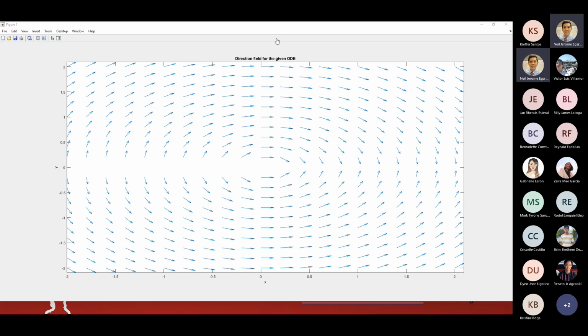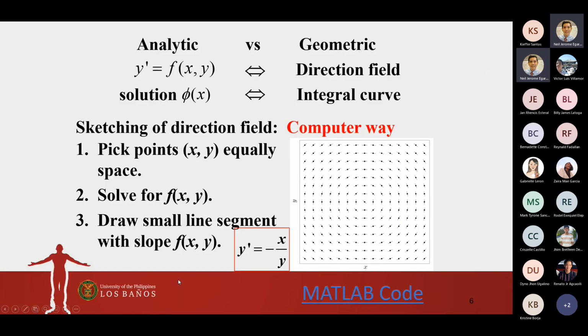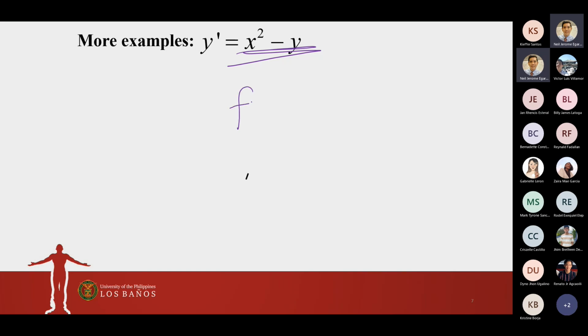Okay, marami pang examples dun sa slides, and we'll again on Wednesday next week, right? Pero pwede niyo na simulan paglaruan yung y prime equals x squared minus y. So dun sa quiver plot, dun sa MATLAB code, ang f nyo ngayon ay x dot caret 2, right?